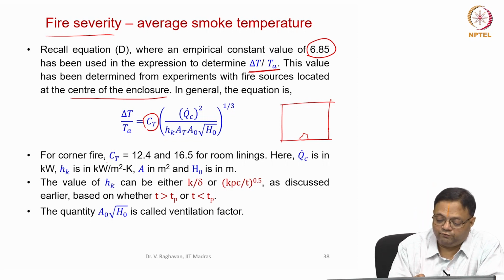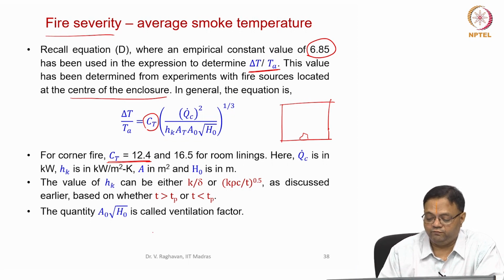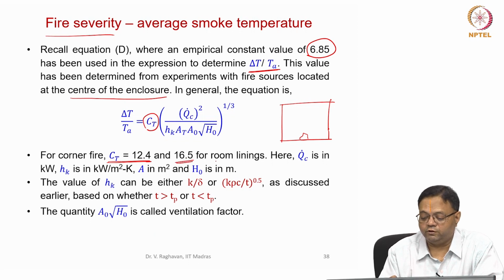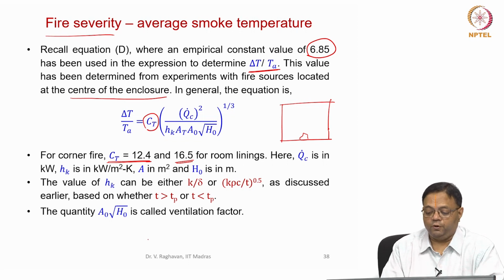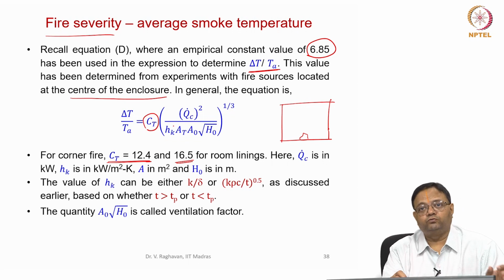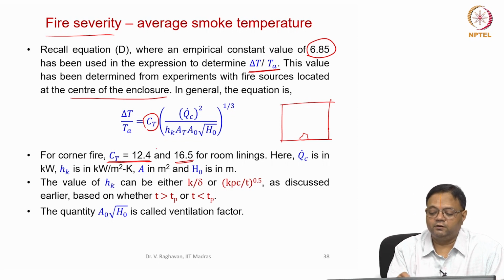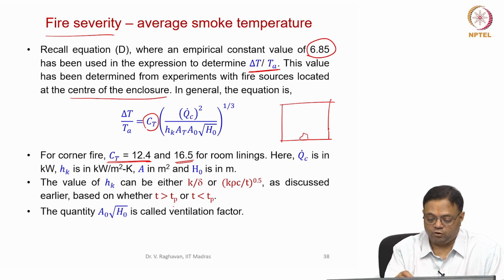Now for a corner fire, the Ct value will be 12.4 instead of 6.85, and it is 16.5 for the room linings, and so on. You understand? So again, a set of experiments with the fire source kept at a corner or side walls, etc. are required to determine these correlation constants.